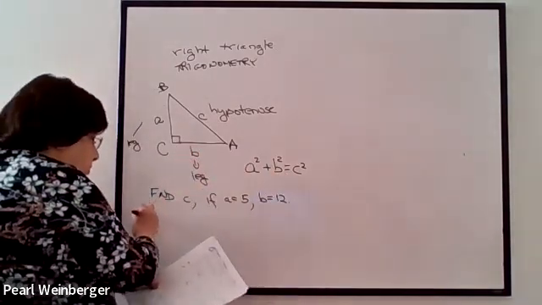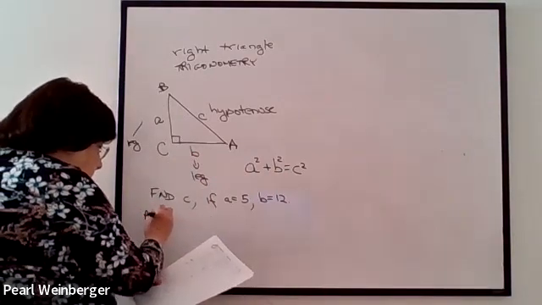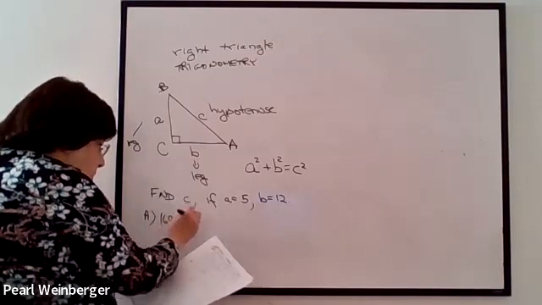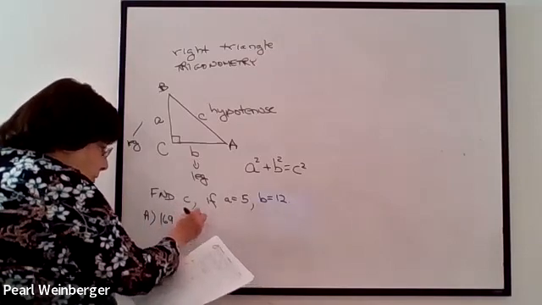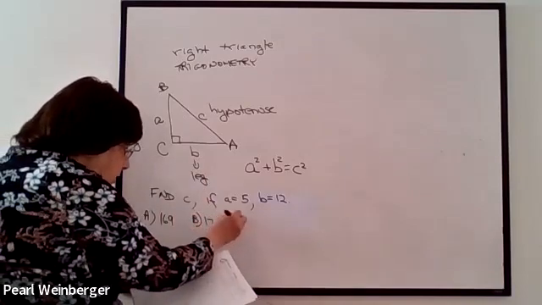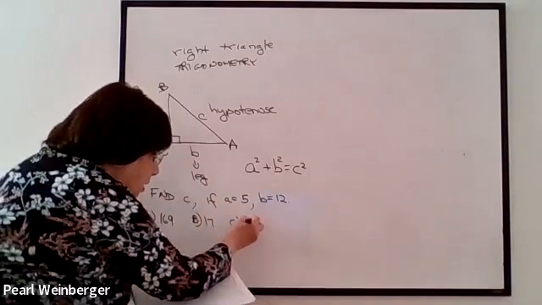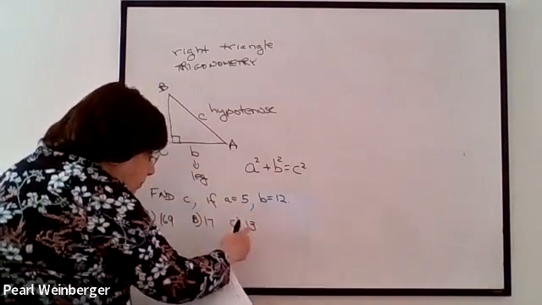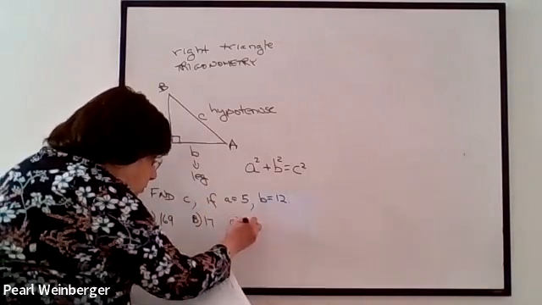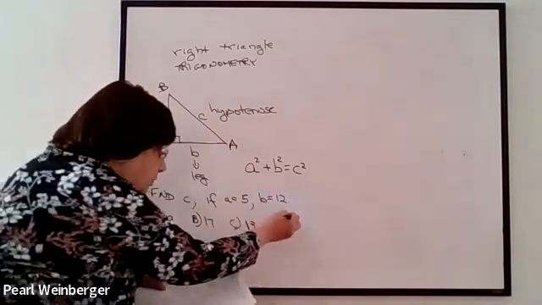Here are your choices. A is 169, B is 17, C is 13, and D, these are your choices, is 11.